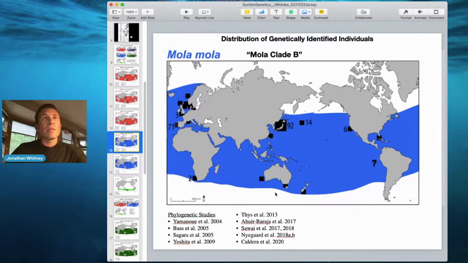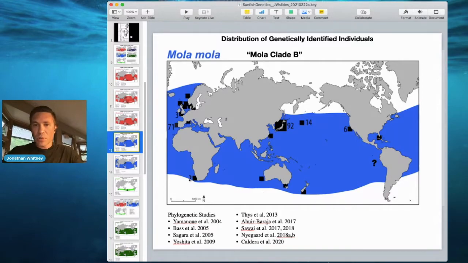And then Mayana's work has shown that Mola is pretty rare in Australia and New Zealand, where the other two species are much more common. And it is currently the only ID that we have from the Western Atlantic and Florida. So it's the only one that we've confirmed that occurs there thus far.